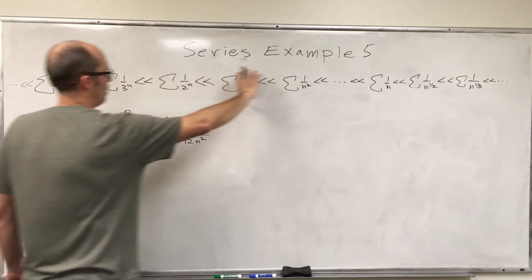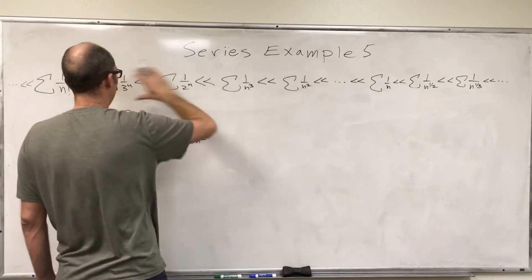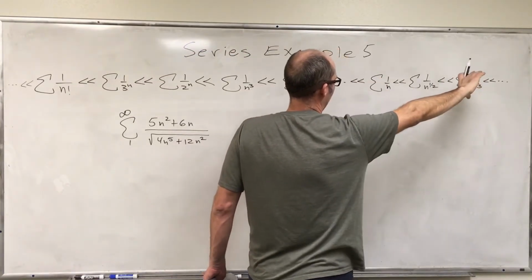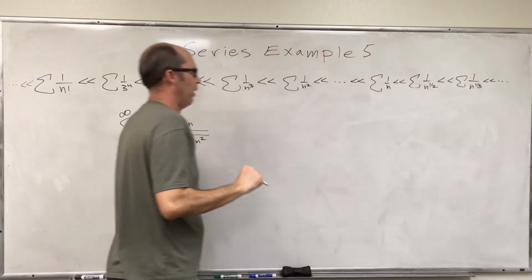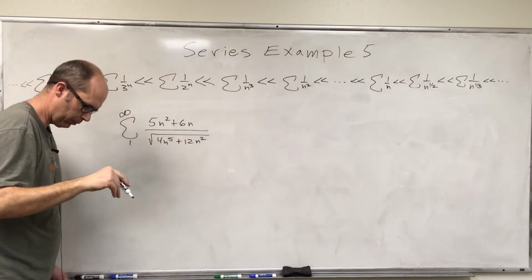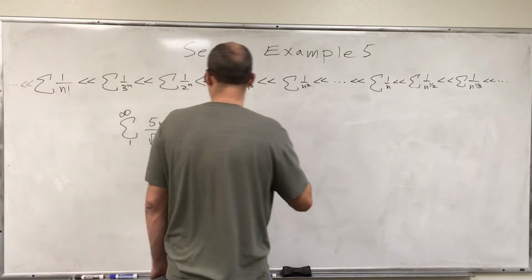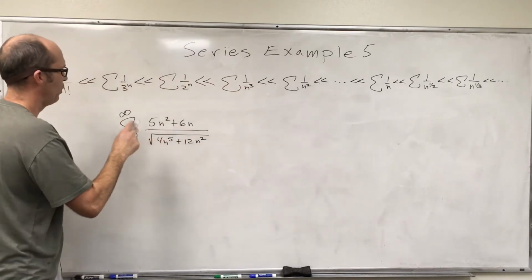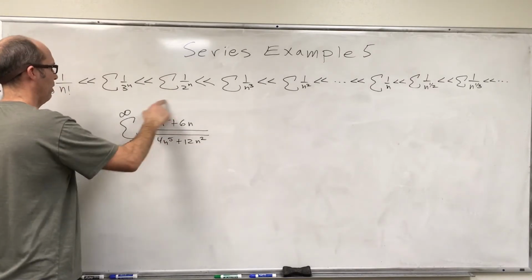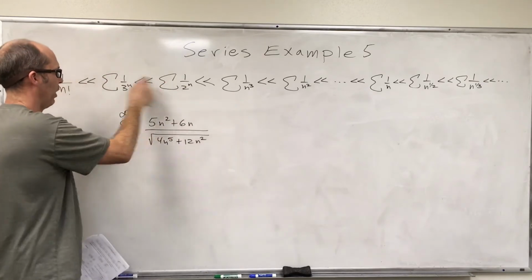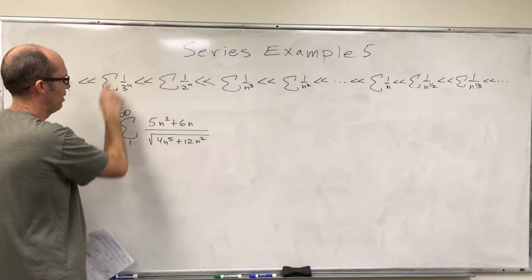Remember these are the ones that we know really well are converging. These are the ones that we know really well are diverging. And later, in the convergence assignment, you may not actually just see this series in here. You may have to kind of figure out where it sits.